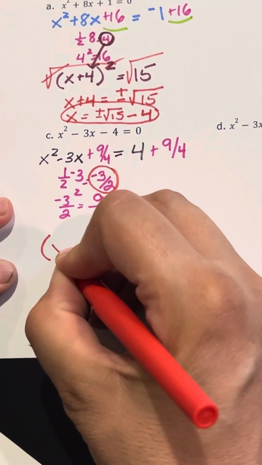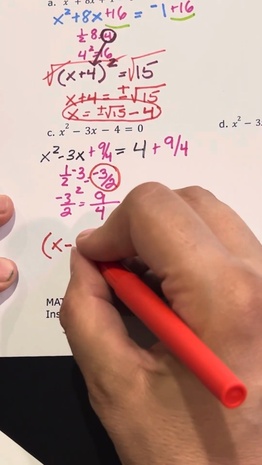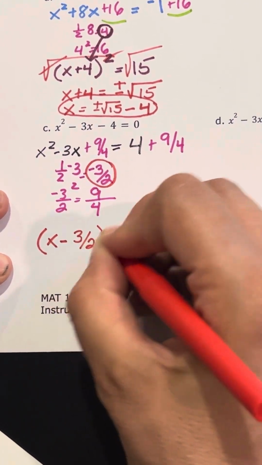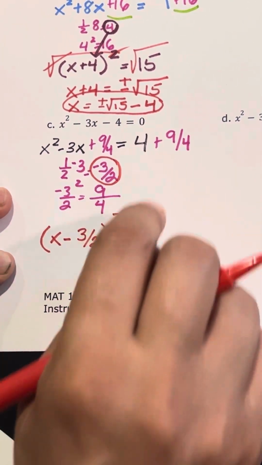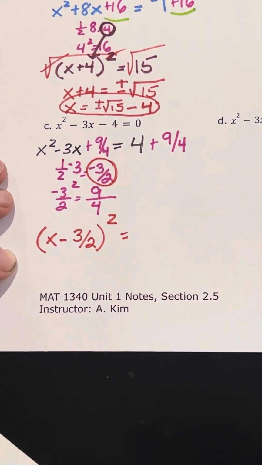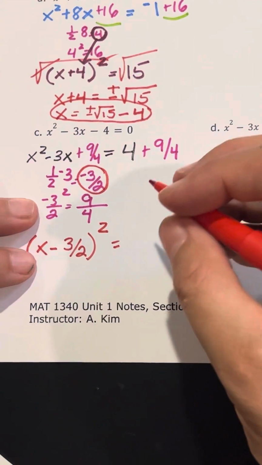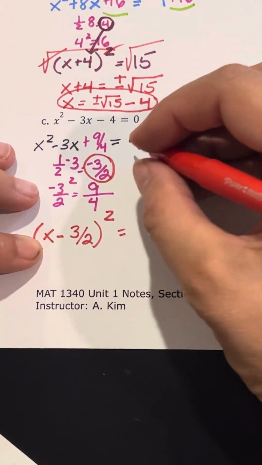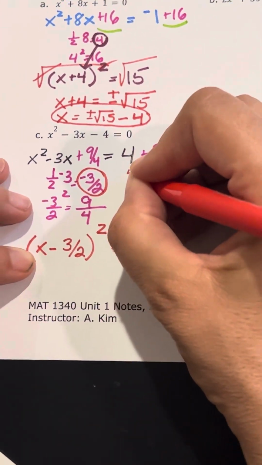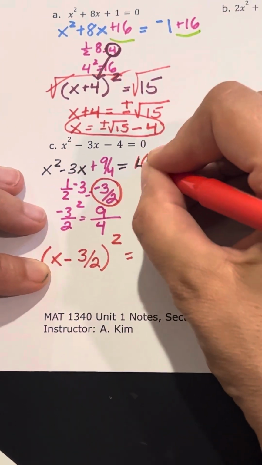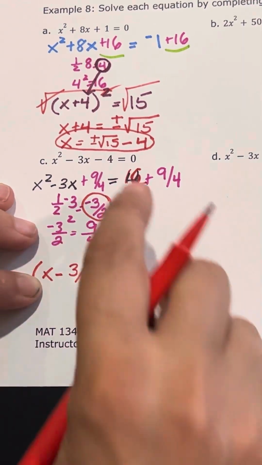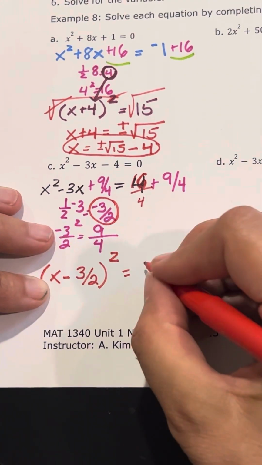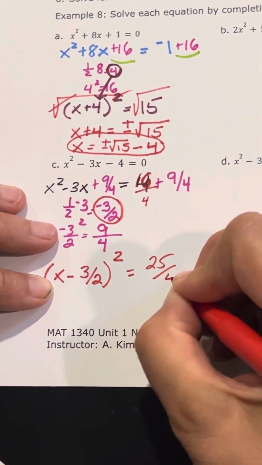So we have x minus 3 over 2 squared equals 4 plus 9 over 4. So if we simplify this out and we put 4 times 4 on the bottom and 4 times 4 on the top, it's 16/4. 4 is 16/4. So we can add that now. 16/4 plus 9/4 is 25/4.